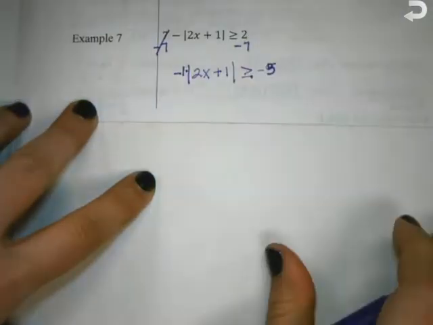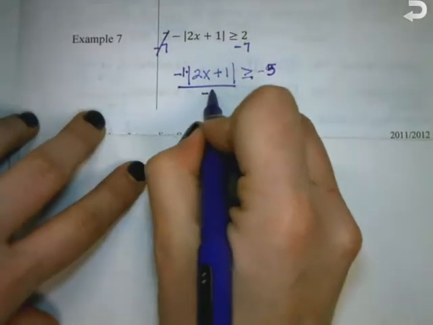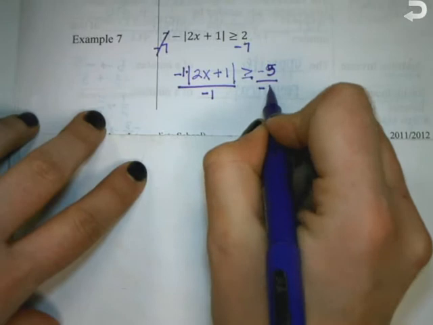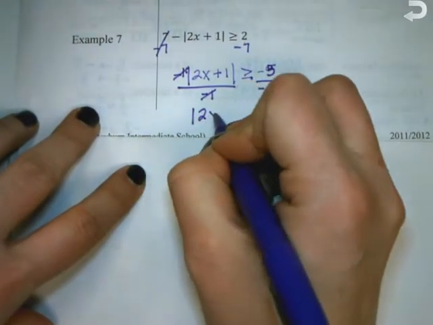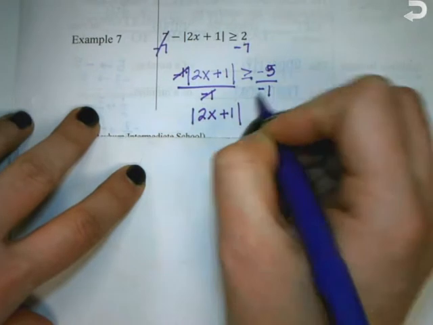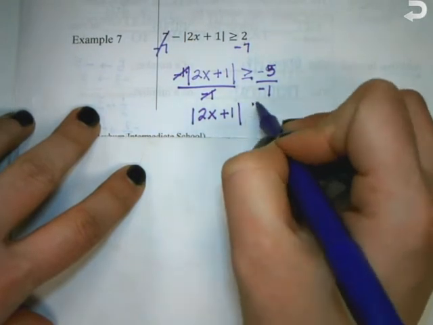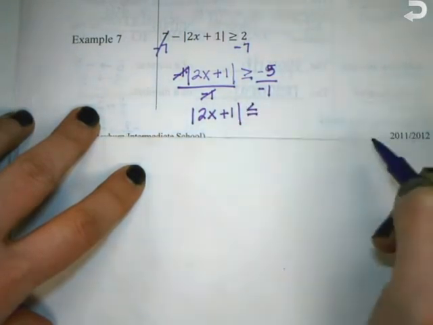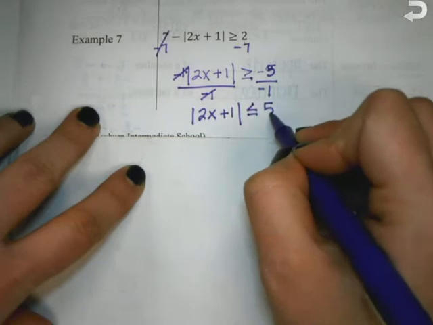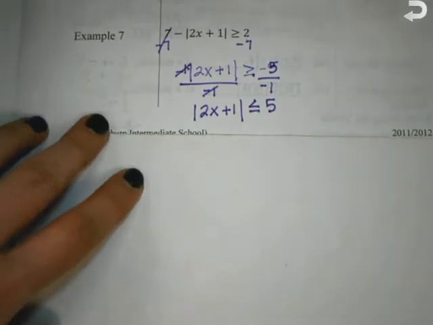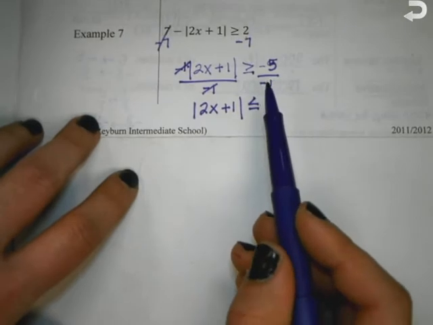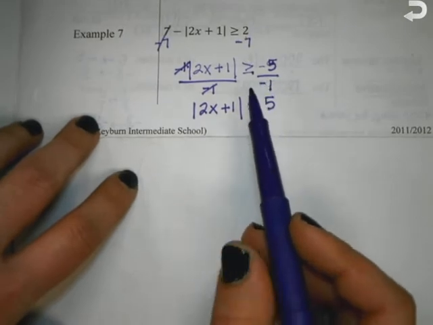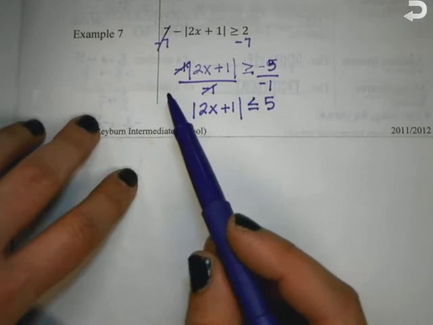This is the one thing that you guys always forget when we were doing inequalities. It's very important that you do not forget it with absolute value, because now I have absolute value of 2x plus 1 less than or equal to 5. Is it "and" or "or"? "And." Even though it started as an "or," we have to go by what it is after you get absolute value by itself.